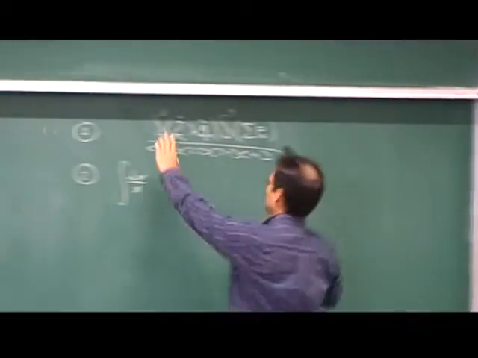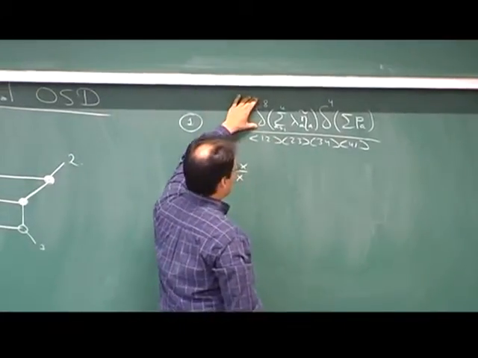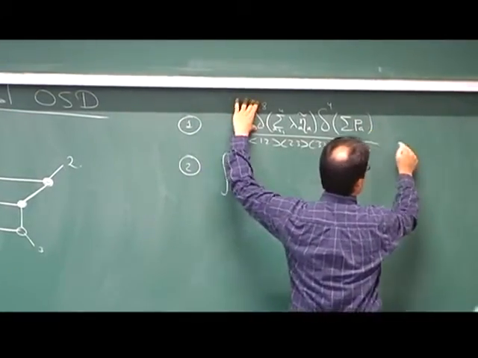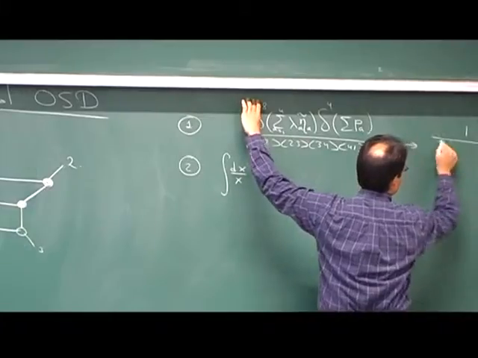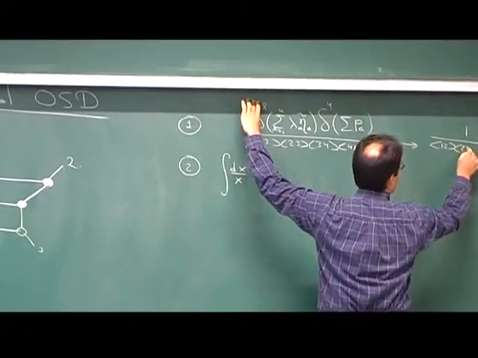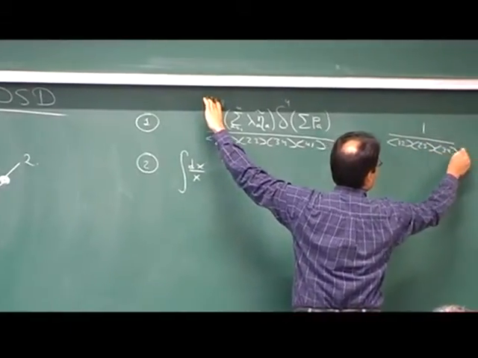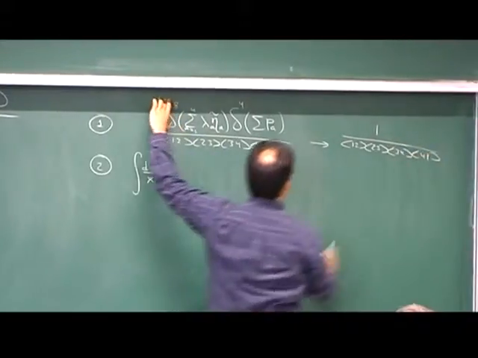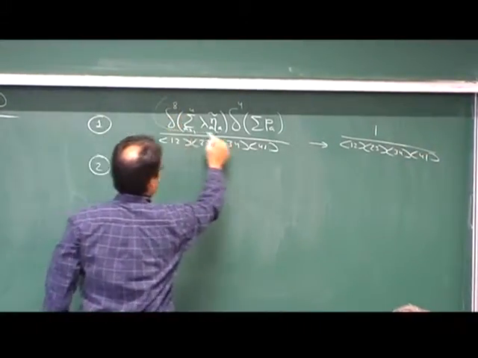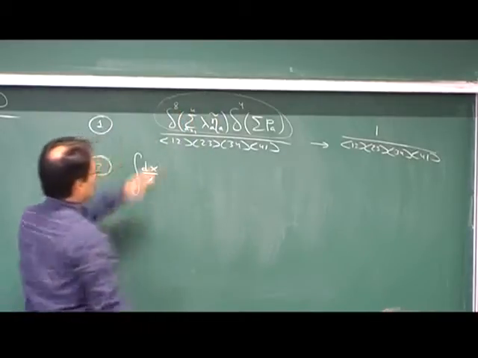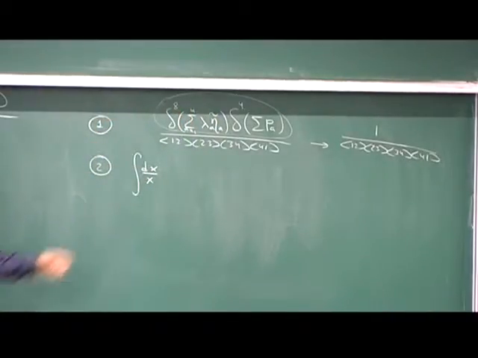So nothing happens to this guy. From now on, I will not write that, and I will only keep track of the denominator. This thing will be invariant under everything that I'm going to do, so it will just stay there, okay?